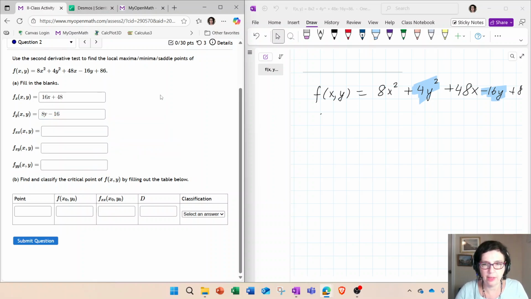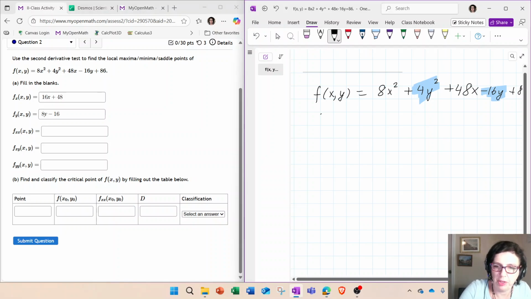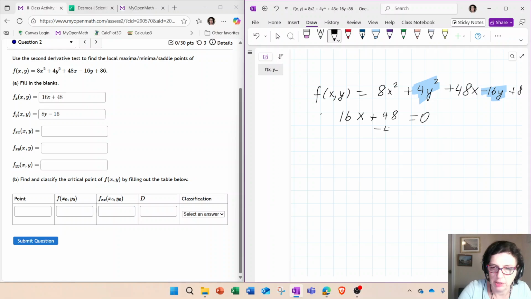Now, when we set this equal to 0, it's going to be pretty easy to find the solution. So 16x plus 48, when we set this equal to 0, subtract 48 from both sides, that gives you 16x equals negative 48. Then divide both sides by 16, and it looks like that's just going to be x equals negative 3.